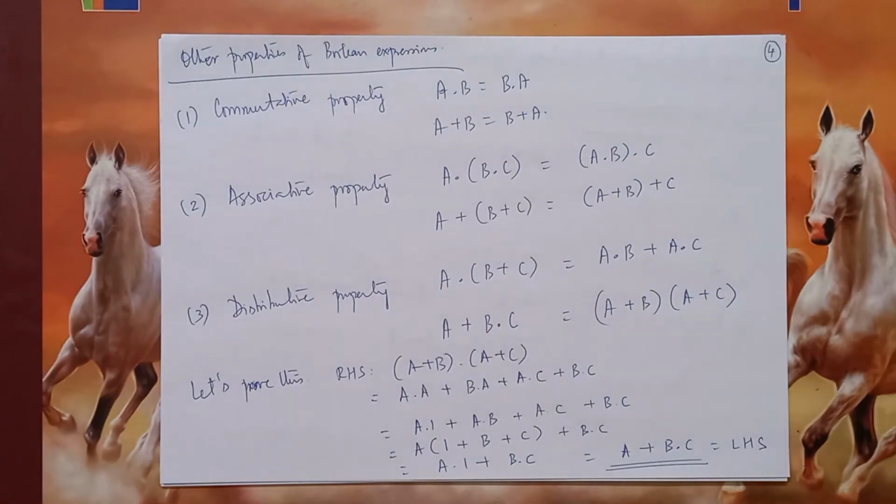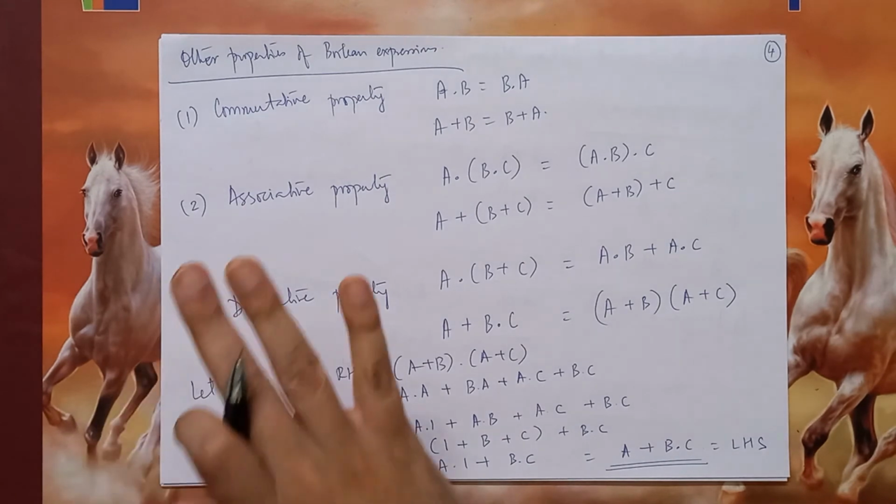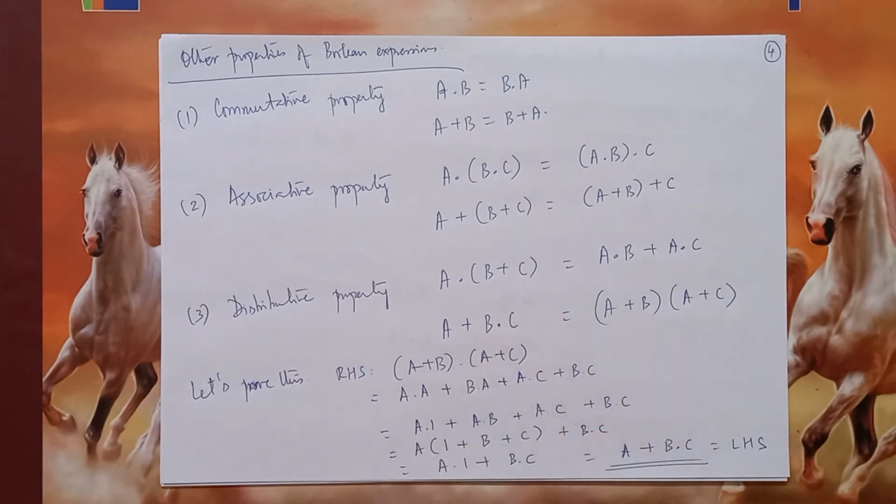Thereafter, we saw some properties of Boolean expressions, that is the commutative property, the associative property, and the distributive property, where the second clause of the distributive property is very distinct and unique and is specific to Boolean expressions only, whereas the other examples for commutative and associative can be applied to Boolean expressions as well as our normal decimal algebra.